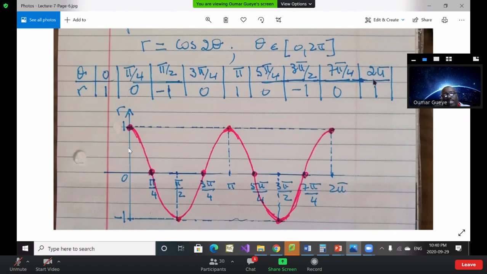So you can see here, r equal to 0 four times. You can see it from the table or from the graph. As soon as you know the curve crosses the horizontal axis, it means r is 0.